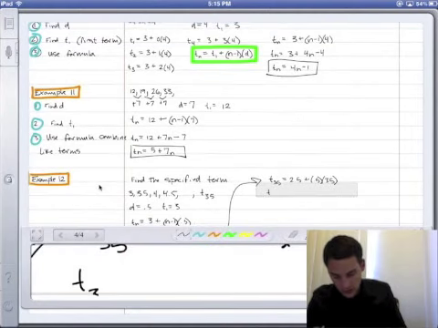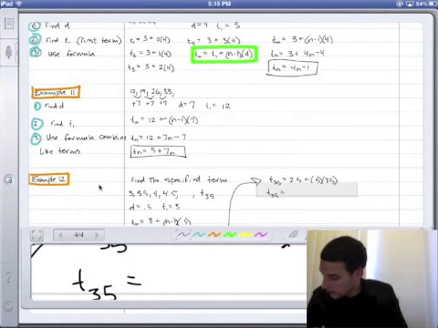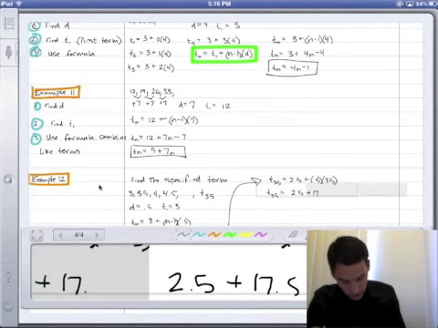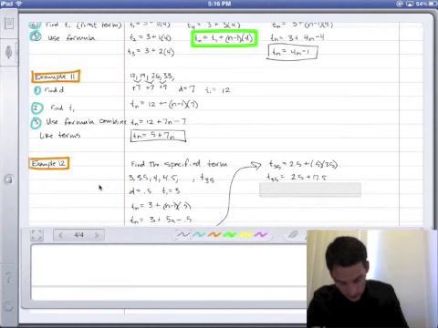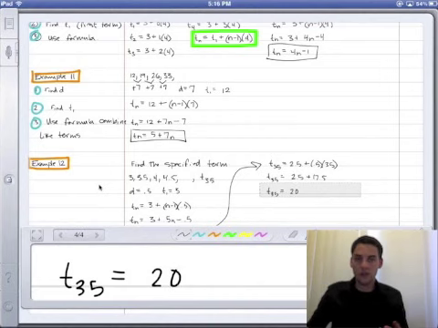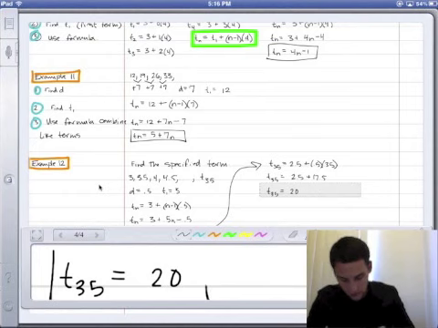I get t sub 35 equals 2.5 plus 17.5, which turns out to be t sub 35 equals 20. So the 35th term is 20. It's that easy.